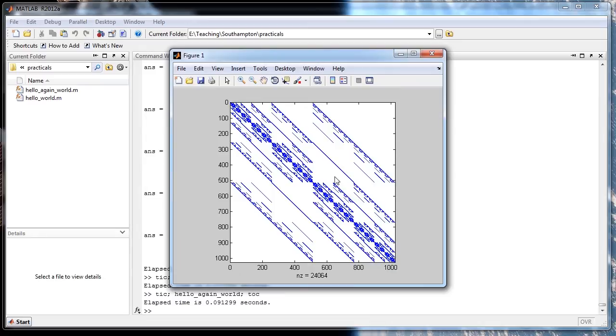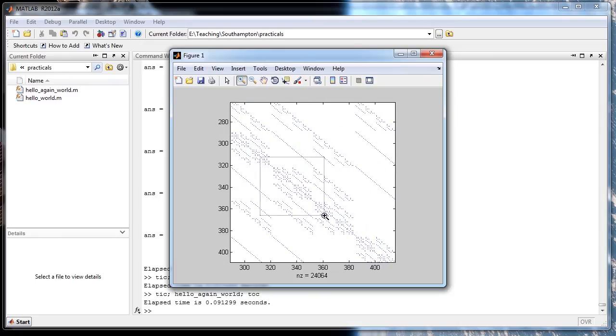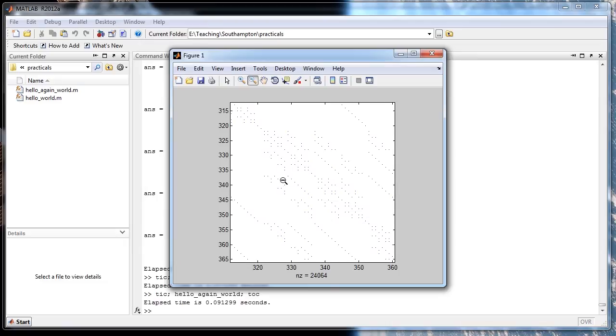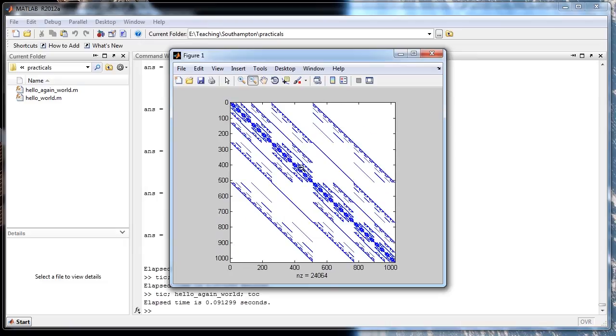There we are. It's a pretty picture now, so we've got quite a few non-zeros because there are quite a few interactions in the Hamiltonian, and if we zoom it in, we'll find out that the pattern is quite intricate. There are many non-zeros in there, but you can see it is still mostly empty. Even in a system where everything is interacting with everything with a strong J coupling, the Hamiltonian is still mostly zeros.